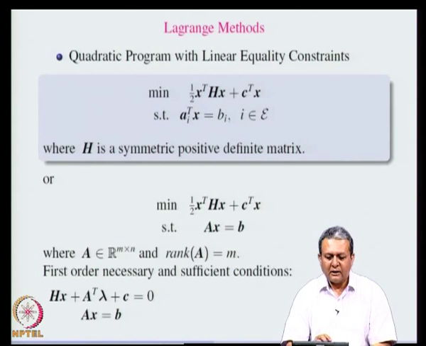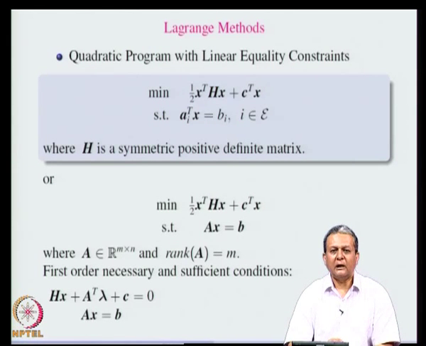These conditions are obtained by writing the Lagrangian of this problem. The Lagrangian will be the objective function plus lambda transpose (B minus Ax).